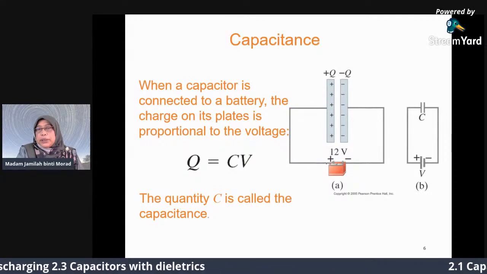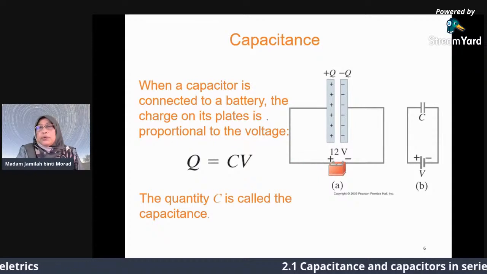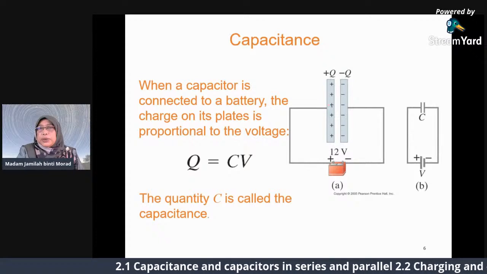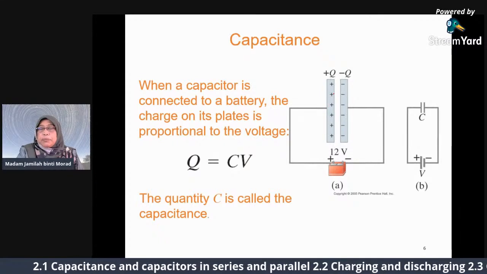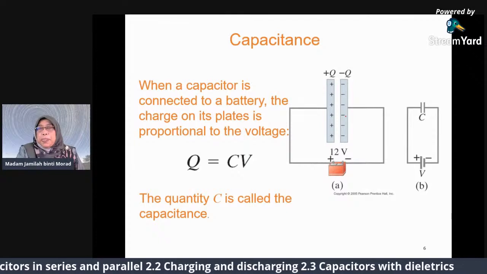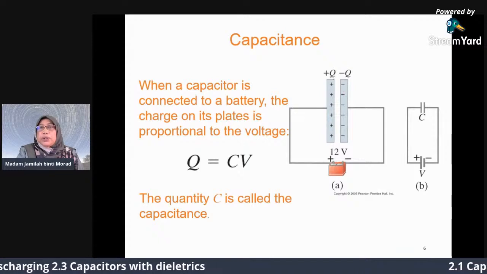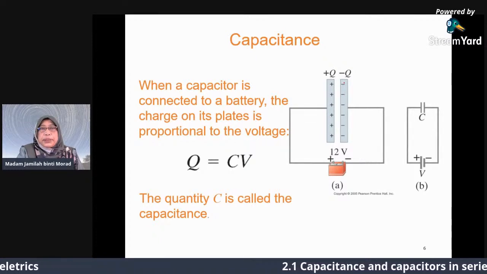So the positive charge from the positive terminal of the battery will move to the left hand side plate, so this plate will acquire positive charge. And the right hand side plate will acquire negative charge. The same amount of positive and negative charge is on the plates of the capacitor.